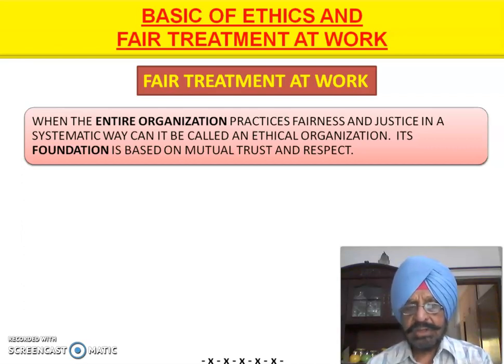Its foundation is based on mutual trust and respect. So the key words here are the entire organization, that is all the departments, whether it is the administration, the faculty, or other people, every employee, where the whole organization is working, that we call the ethical organization. And primarily the main points are mutual trust and respect.